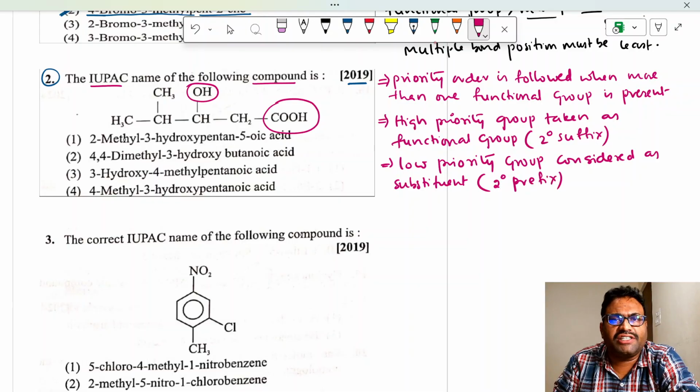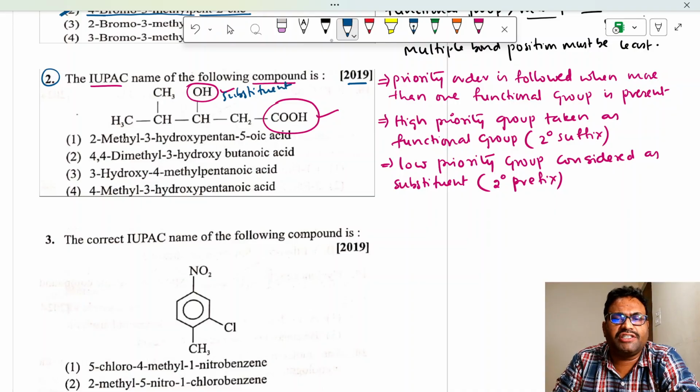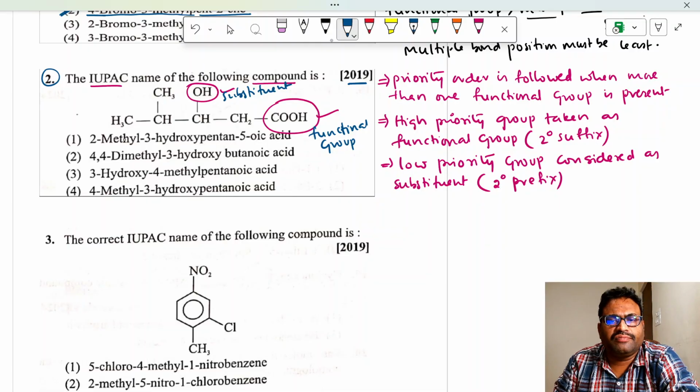Among these two, which has high priority? Carboxylic acid has high priority and OH has less priority. So now OH is considered as a substituent, and COOH is considered as a functional group. If the functional group possesses carbon, then always you have to number from that carbon.